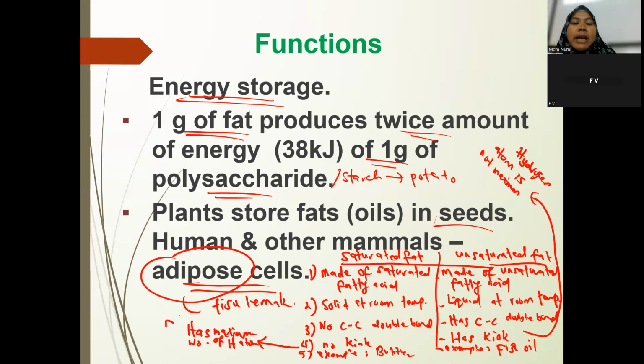Okay. So, yang example tu, nombor 6. Bawah lagi.